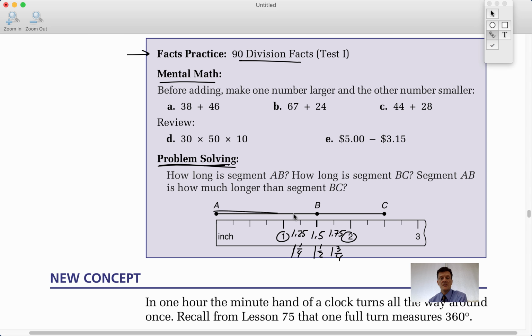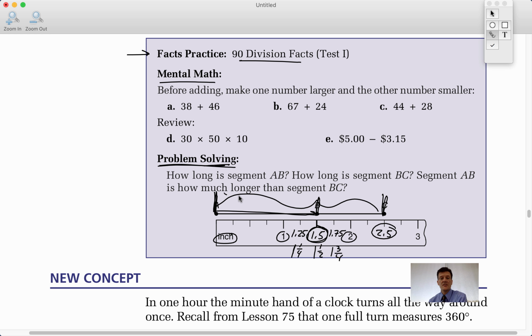So to go from A to B, that's a distance of 1 1/2 inches. To go from A to C, that's a total of, you went past 2 and then halfway to 3, so that's 2.5.